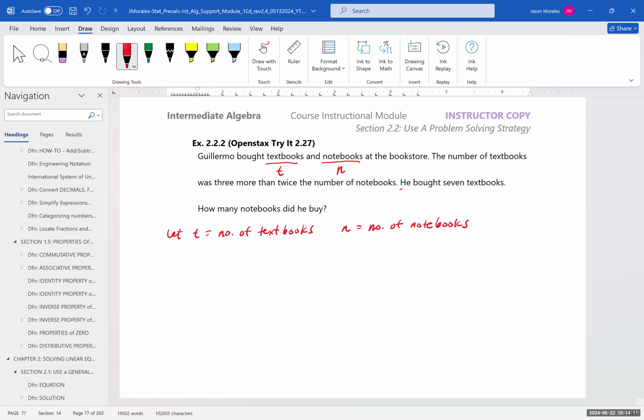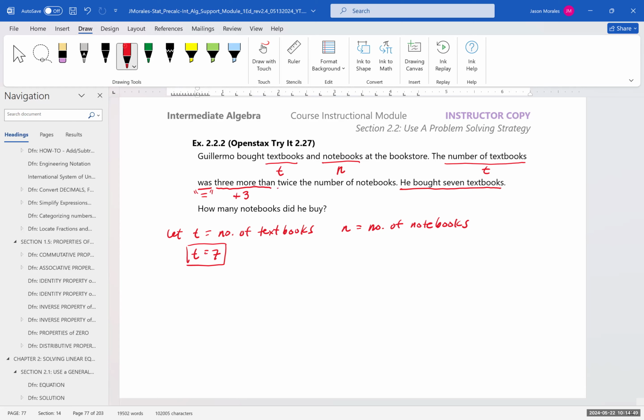All right. So here, it says that Guillermo bought 7 textbooks. So we know that the number of textbooks that were bought is equal to 7. All right, so that looks like a good piece of information here. Then it also says the number of textbooks, okay, so that's T, was, so was can be interpreted as equals, 3 more than, which I interpret as being plus 3.